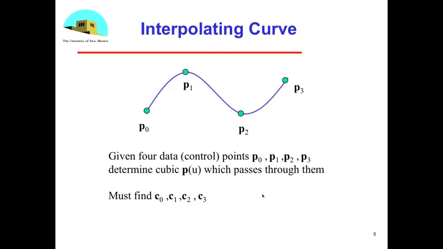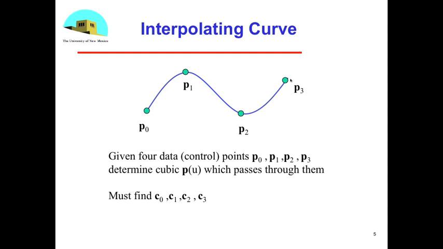Okay, so let's start with the interpolating curve and assume we have 4 points that determine it. We'll call them P0, P1, P2, and P3. I want to find a cubic polynomial that goes directly through those points. So I need C0, C1, C2, and C3. Well, first thing we have to decide is what values of the parameter u do these data points correspond to?